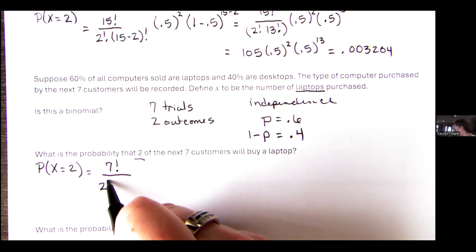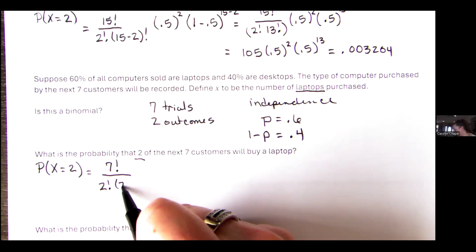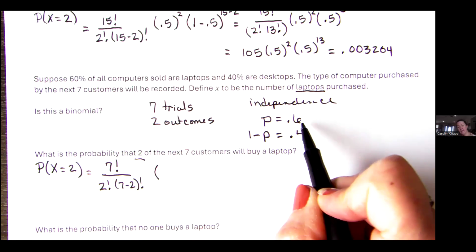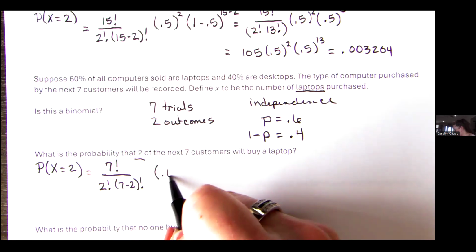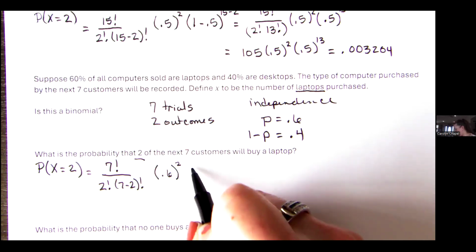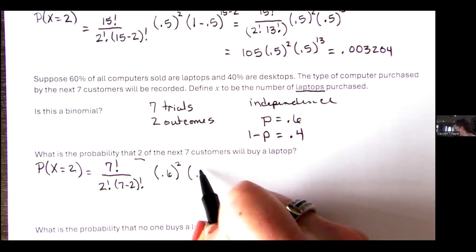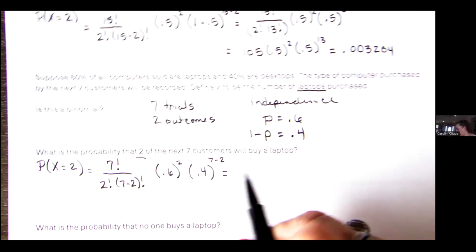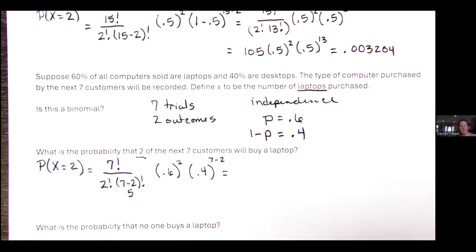Our X is 2. 7 minus the 2 factorial. Our P now is 0.6 to the 2. Our 1 minus P is that 0.4 to the 7 minus 2. I'm going to rewrite this as a 5. 7 minus 2 is 5.